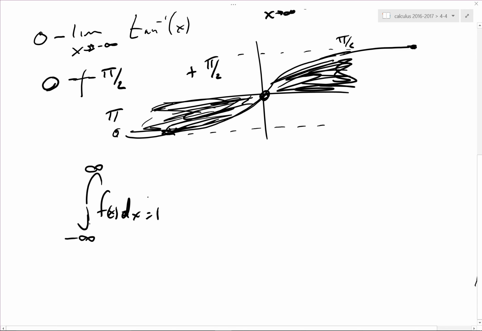You remember that from last year? Stats? Yes, you do. So, Mr. Groom, could I make my very own PDF? Sure. You know what it'll have for an area when you're done? 1. It was pi a minute ago. It'll be 1 now.